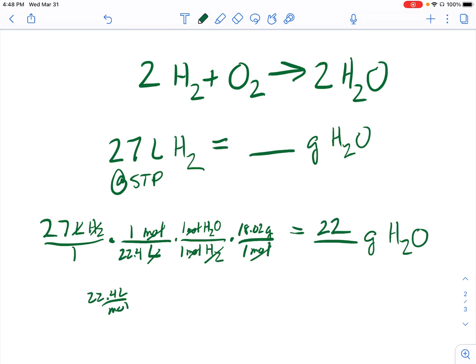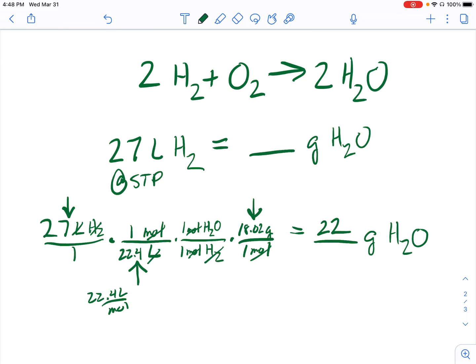Again, rounding to significant figures here, 21.172, rounded to 22 grams. 27 times 1 times 1 times 18.02 divided by 1 or divided by 22.4 divided by 1 divided by 1. All the multiplies and divides by ones I can just ignore because that does nothing. So I just go 27 divided by 22.4 times 18.02, PEMDAS is wonderful, and that gives me the answer.